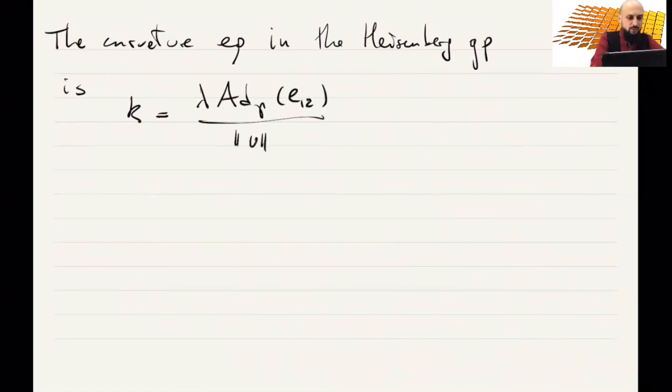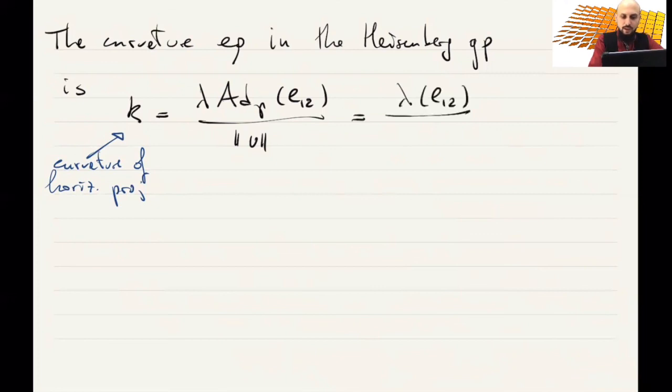Okay, so this was the curvature of the horizontal projection. And we saw that this is equal to lambda of E12 divided by the control. And remember, this control is constant because the speed is constant.